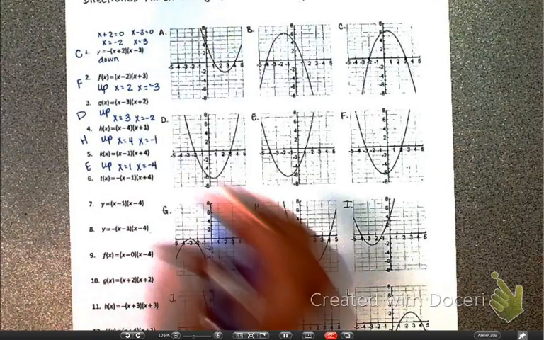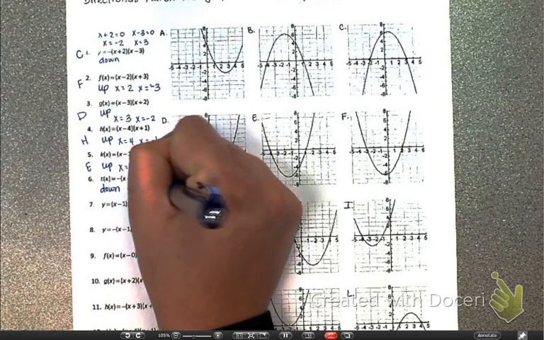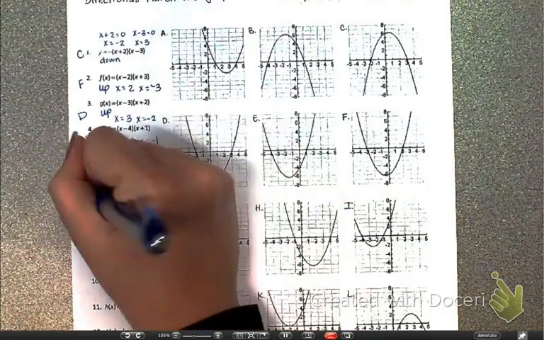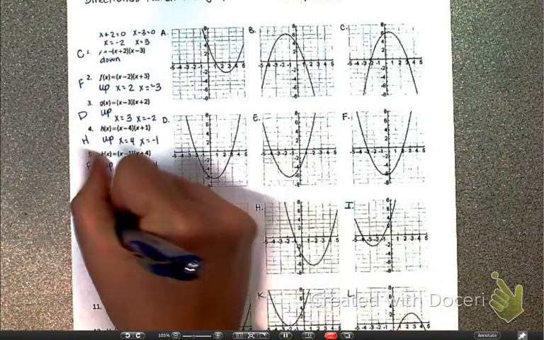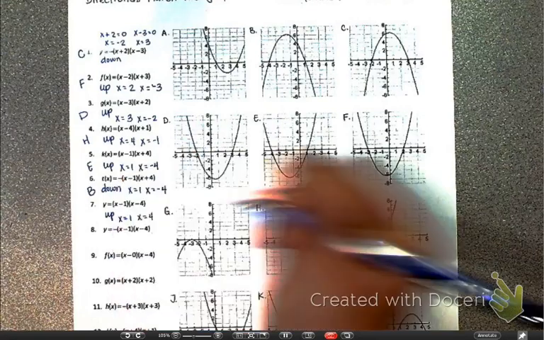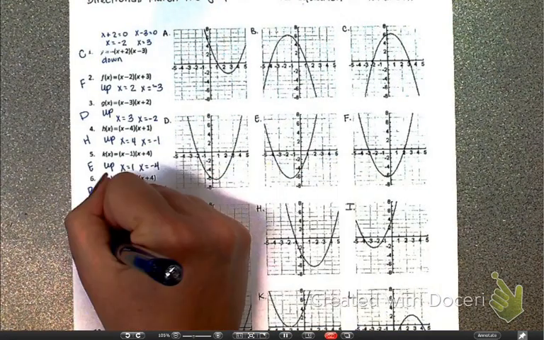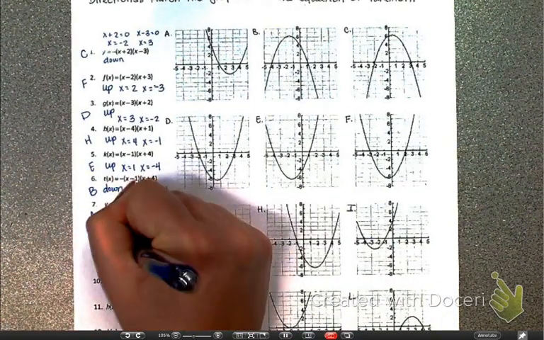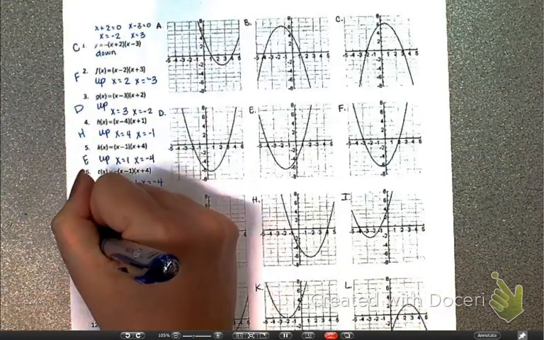Number 6 opens down with x-intercepts at 1 and -4, so you should have graph B. Number 7 opens up with intercepts at 1 and +4, which means you should have graph A. Number 8 opens down with x-intercepts at 1 and +4, but this is graph L.